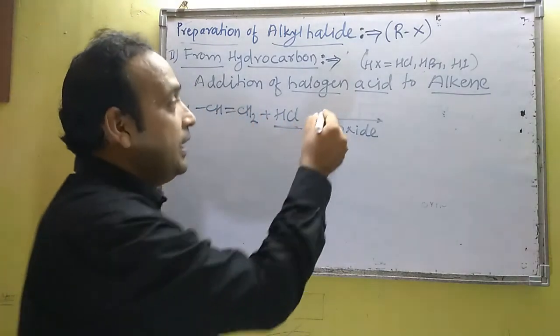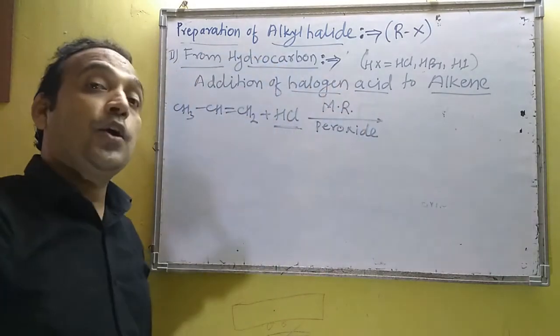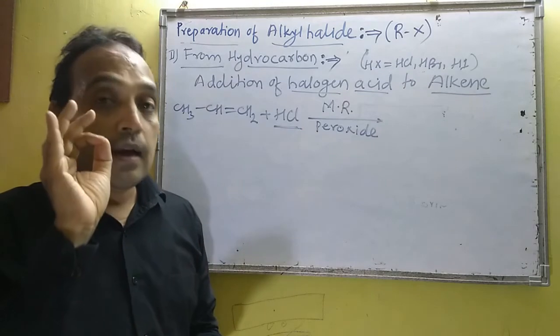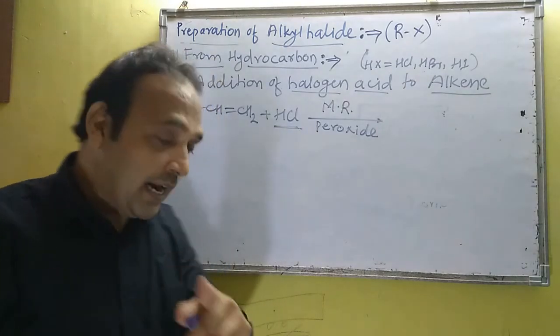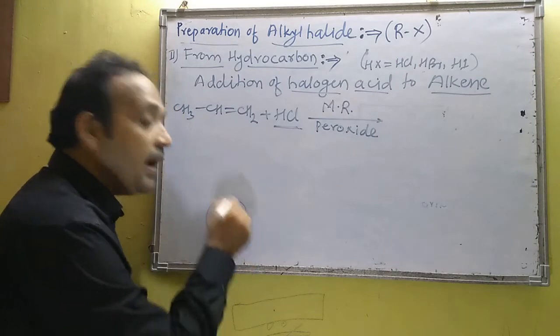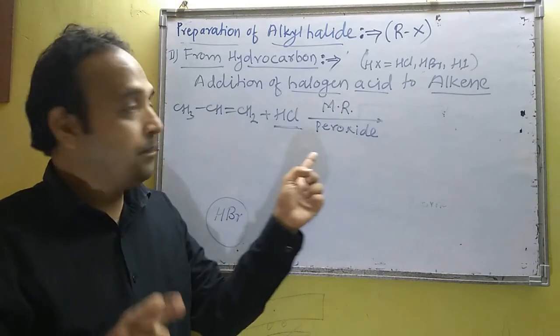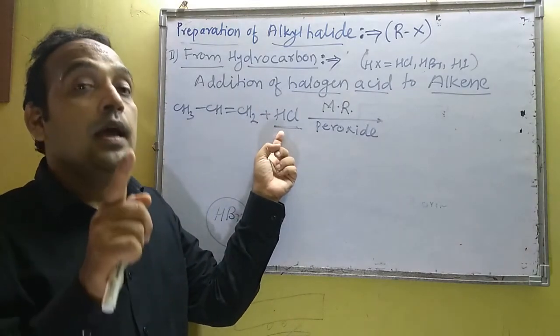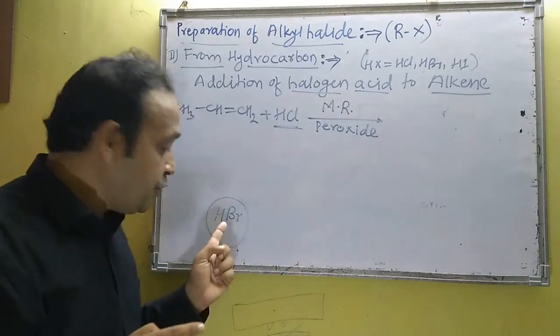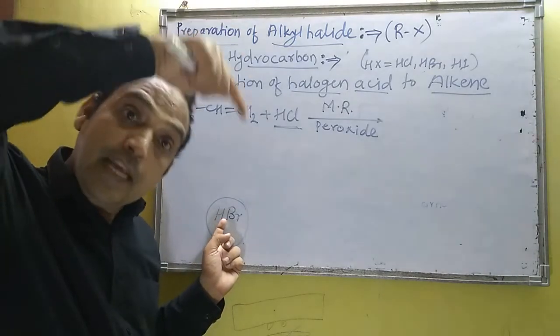Now here the addition will take place according to Markovnikov rule, because the Kharash effect or peroxide effect is applicable to only HBr. That means if peroxide is on the arrow and my halide is Br, that is HBr, then addition will take place according to anti-Markovnikov rule.